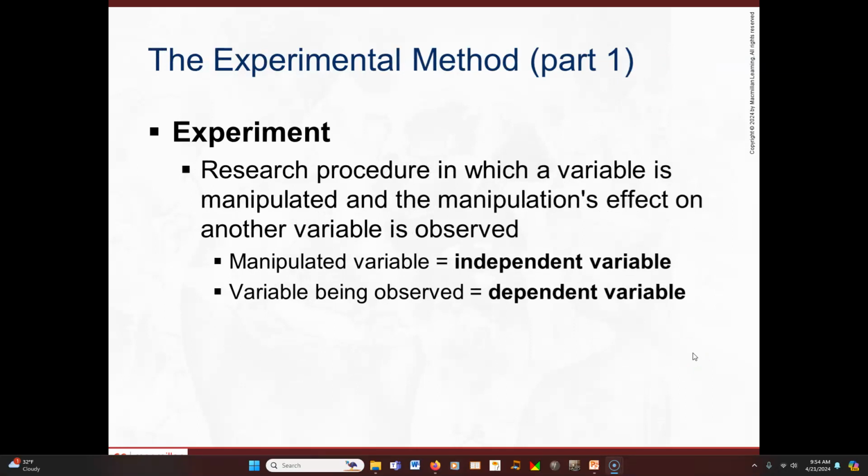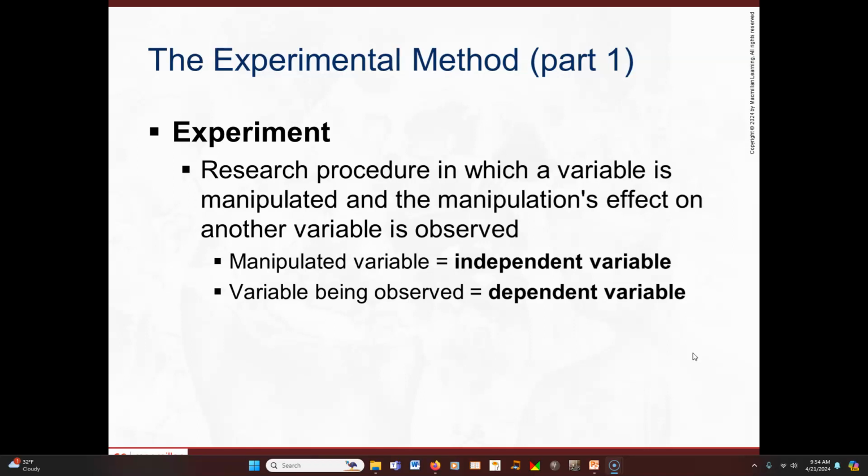Next, we will talk about the experimental method. An experiment is a research procedure in which a variable is manipulated and the manipulation's effect on another variable is also observed. So the manipulated variable is known as the independent variable, and the dependent variable is the variable being observed.